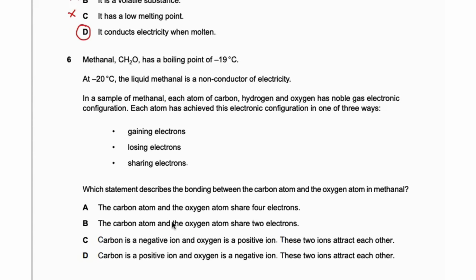Number 6. Methanol, CH4O, has a boiling point of minus 19 degrees Celsius. At minus 20 degrees Celsius, the liquid methanol is a non-conductor of electricity.